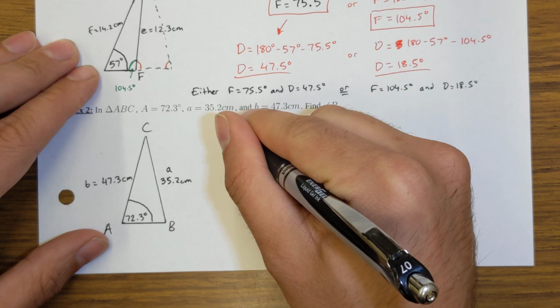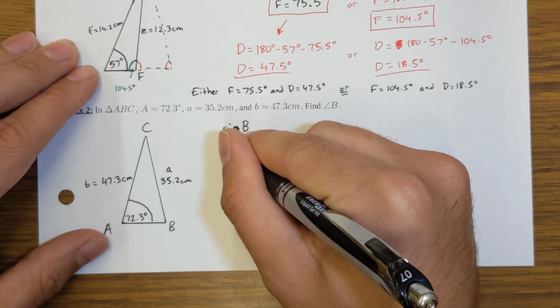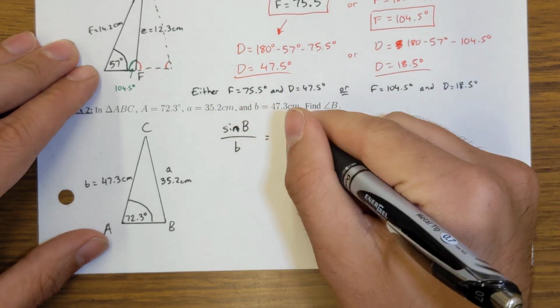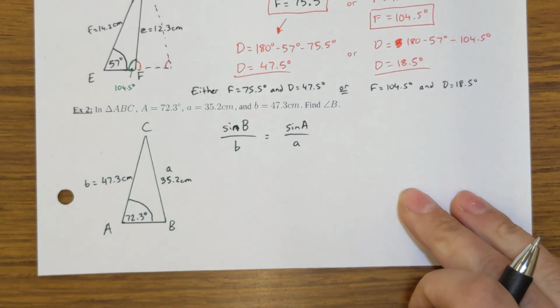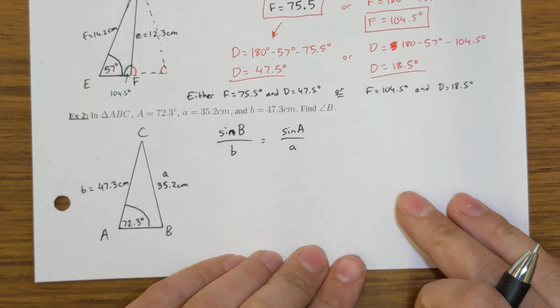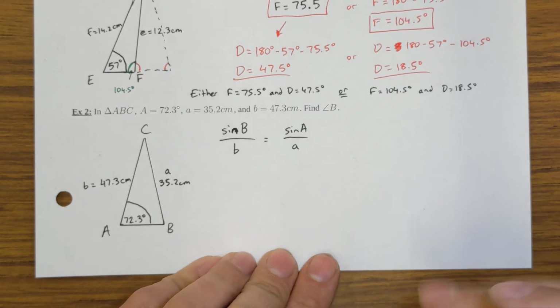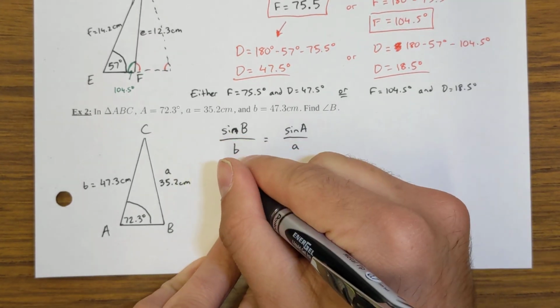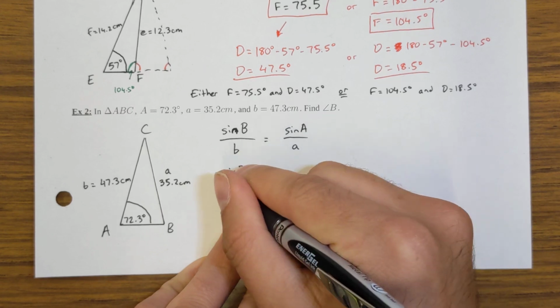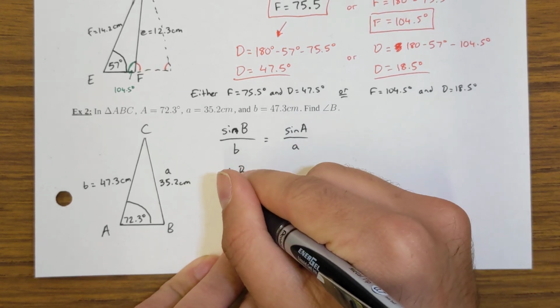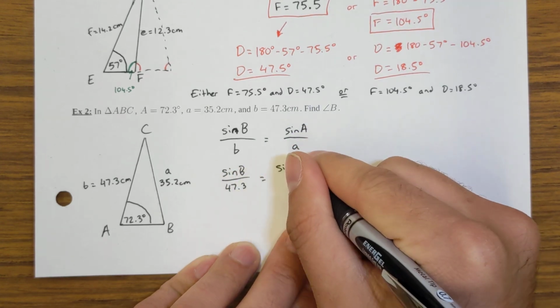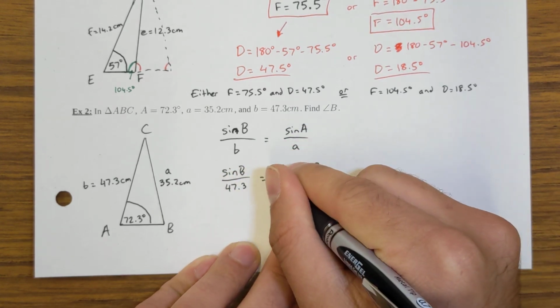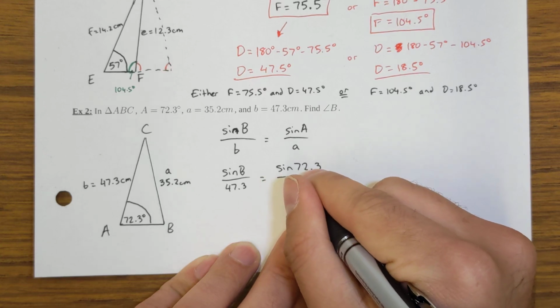Sine of angle B over side B is equal to sine of angle A over side A. We don't care about C. We don't know anything about C, and we don't need to for this one. Plug in what we know: 47.3, our angle 72.3, our side 35.2.